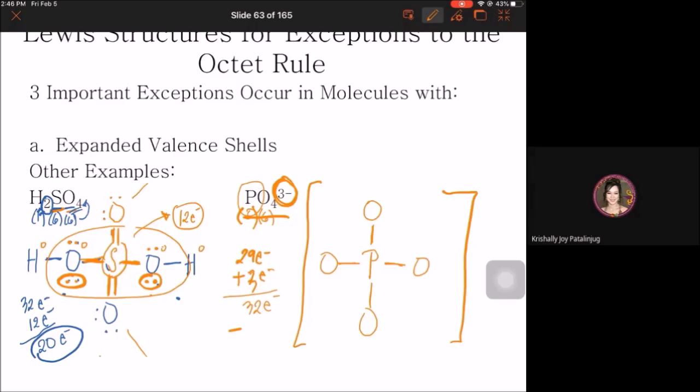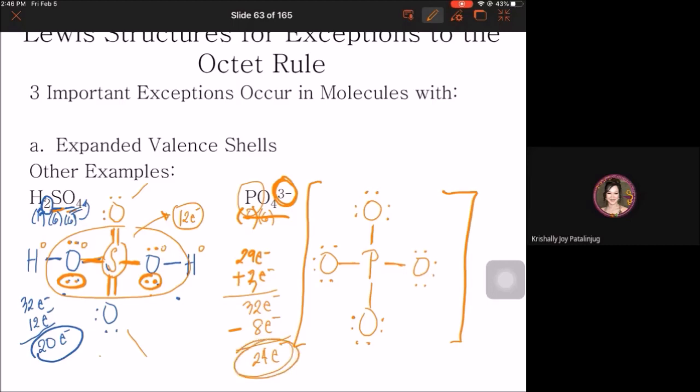That gives you 24 electrons. From these 24, distribute them singly for each oxygen. So the remaining electrons are used up.